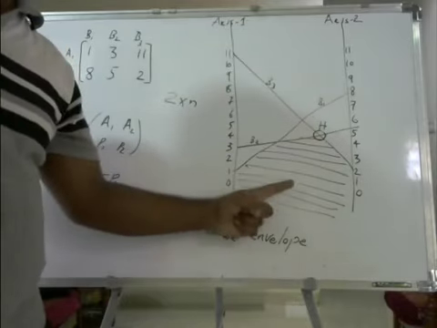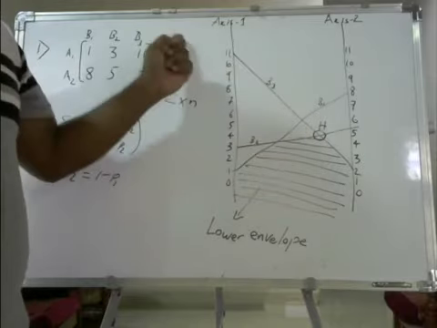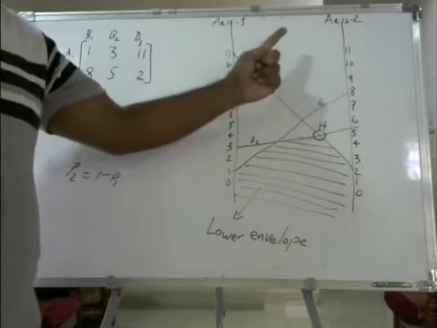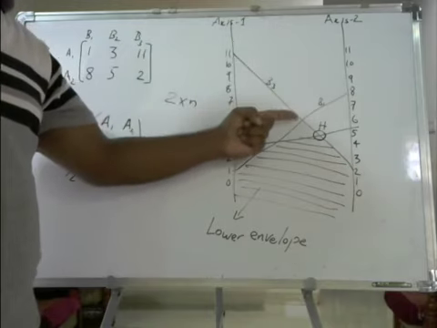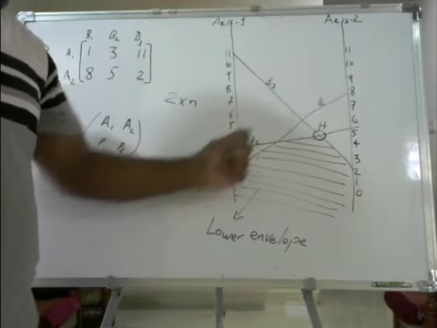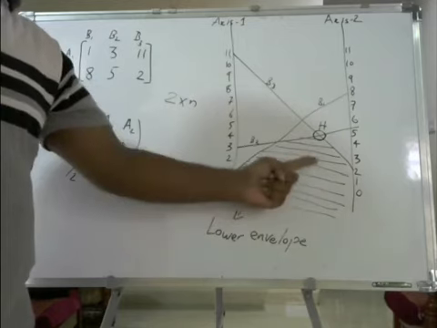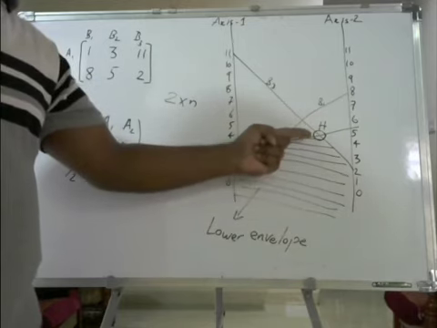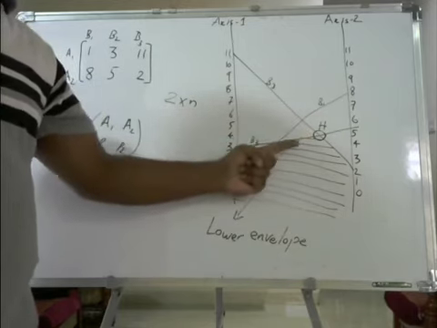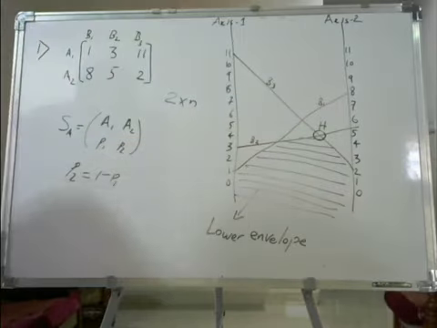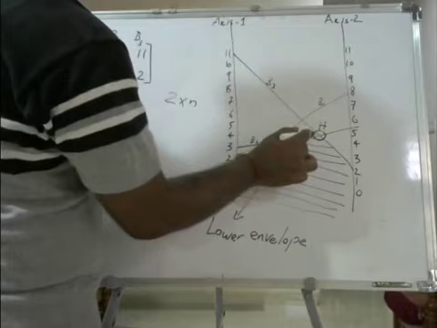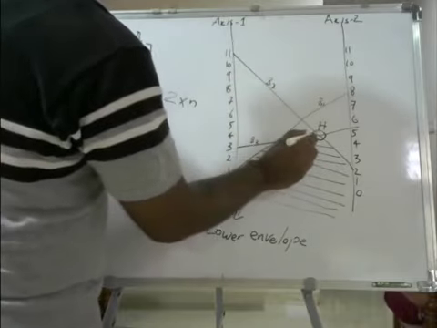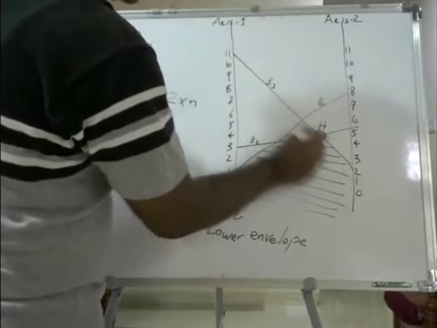If it is an m by 2 game, then it is about the maximum loss, and you take the minimum loss. Now, this particular point is an intersection of this line, B2, and this line, B3.